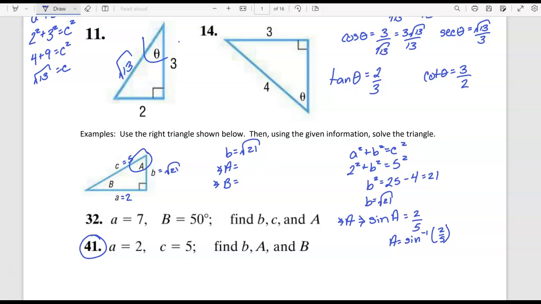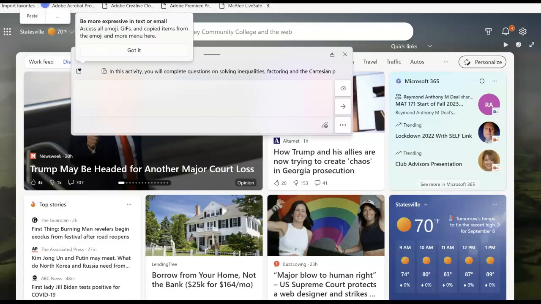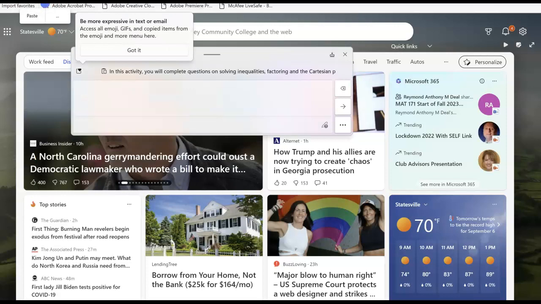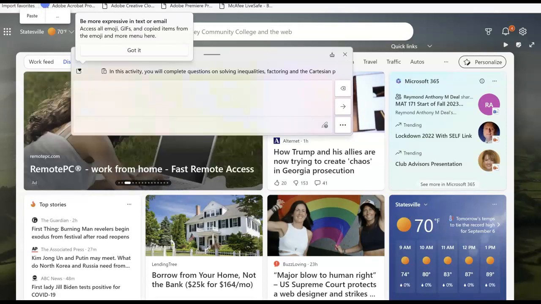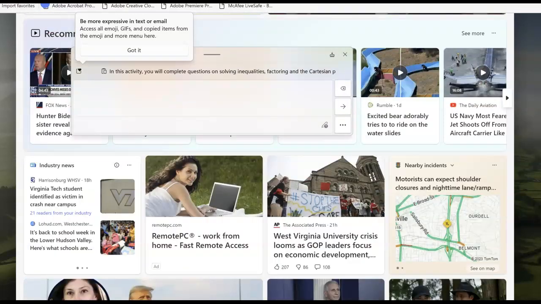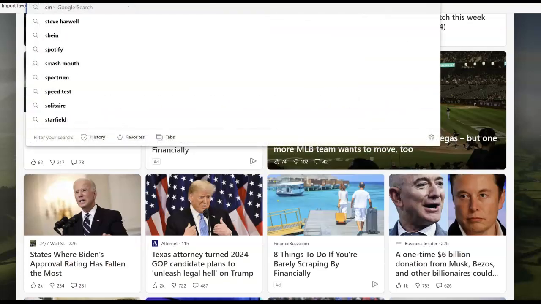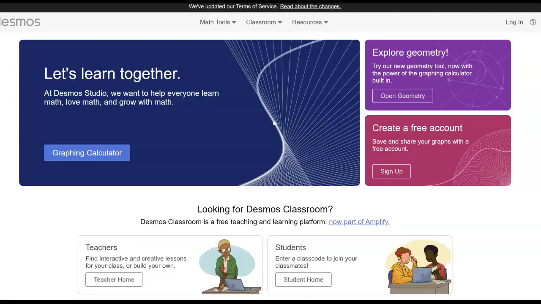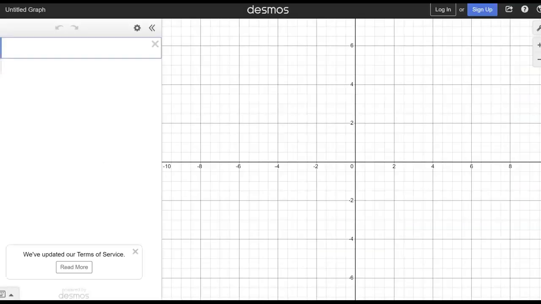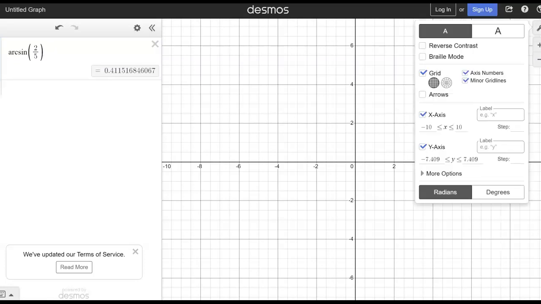And we could go to Desmos and fill that in. So we want arcsine of 2 over 5. Remember, you have to use arcsine to figure that out. We need to make sure that we are in degree mode, because we want this in degrees for this chapter. So our degrees is 23.6.